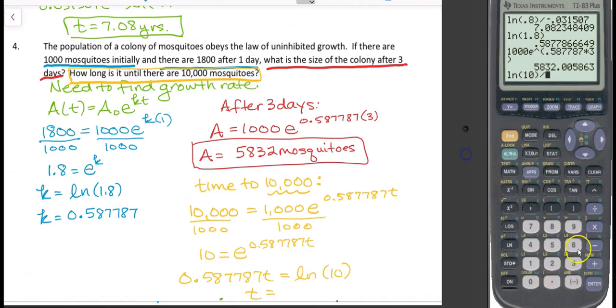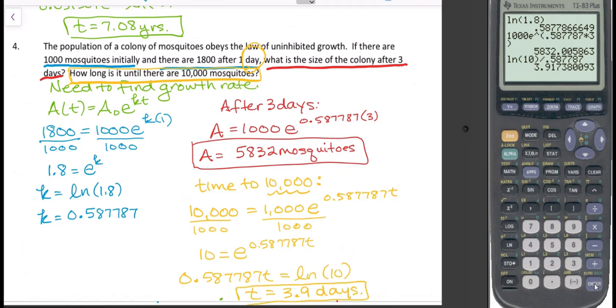So I'm going to divide that by 0.587787, which is going to give me, my time unit in this problem was days, I'll just round to the nearest tenth, 3.9 days. So almost 4 days, and there will be 10,000 mosquitoes.